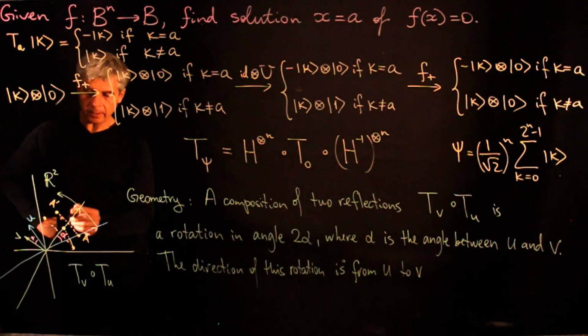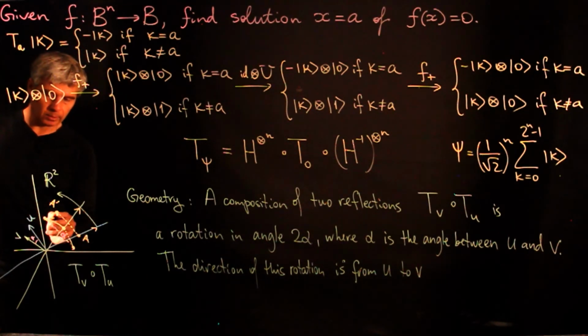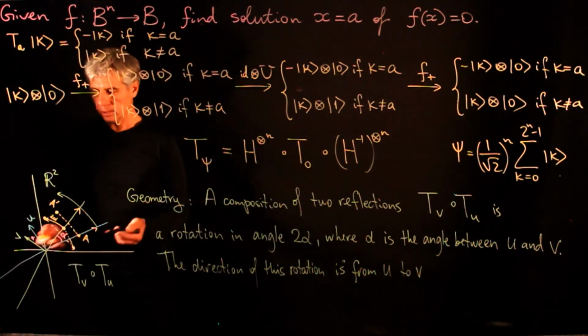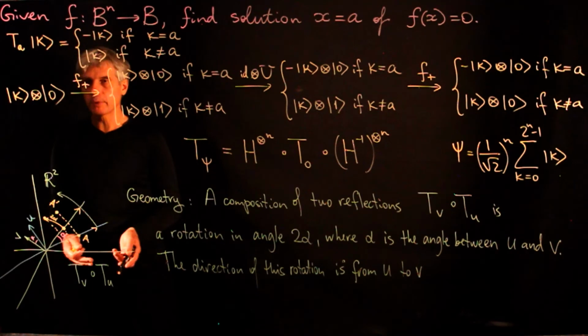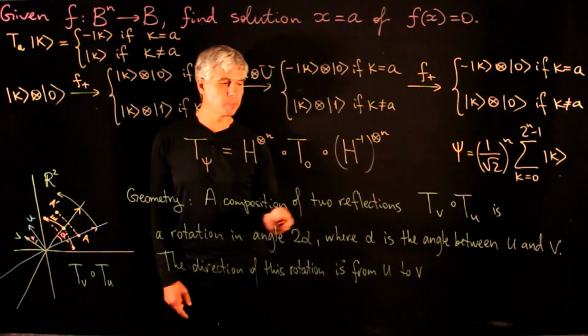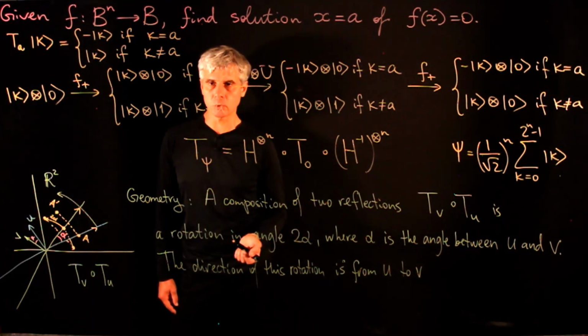And altogether, this again gives us a rotation by angle 2 alpha. Since our transformation is linear, we conclude that the same will happen to all other points of the plane. And so we conclude that the composition of two reflections is a rotation by angle 2 alpha.